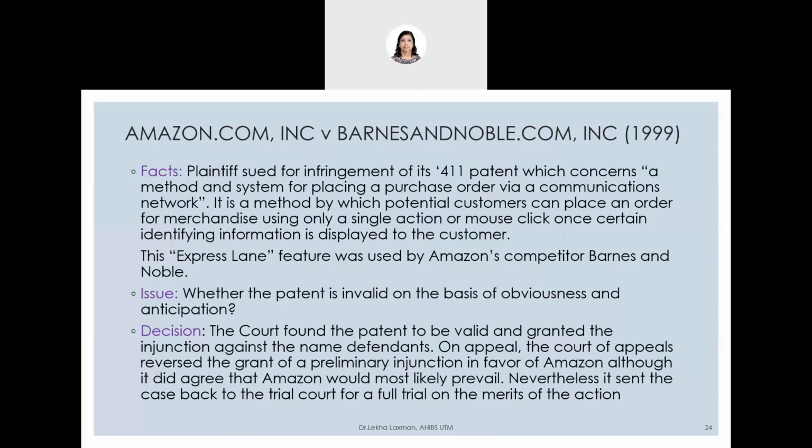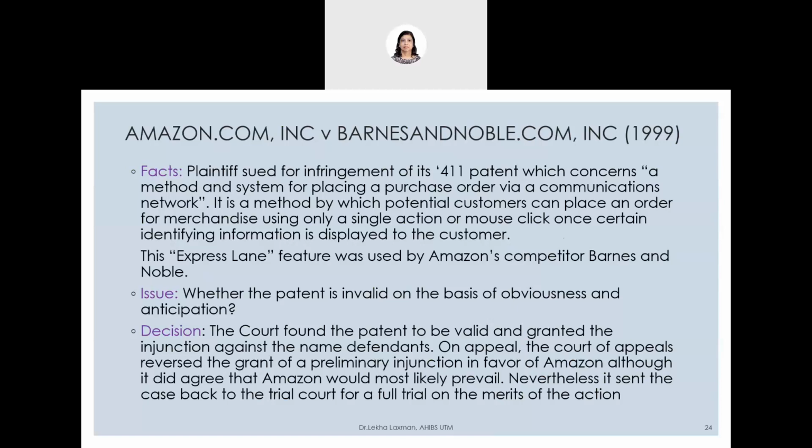All right. And then when Barnes and Noble used a similar feature, Amazon brought an infringement action against Barnes and Noble. All right, at the court of first instance, that is the district court, the district court granted an injunction in favor of the plaintiff, which is Amazon.com, against the defendant.